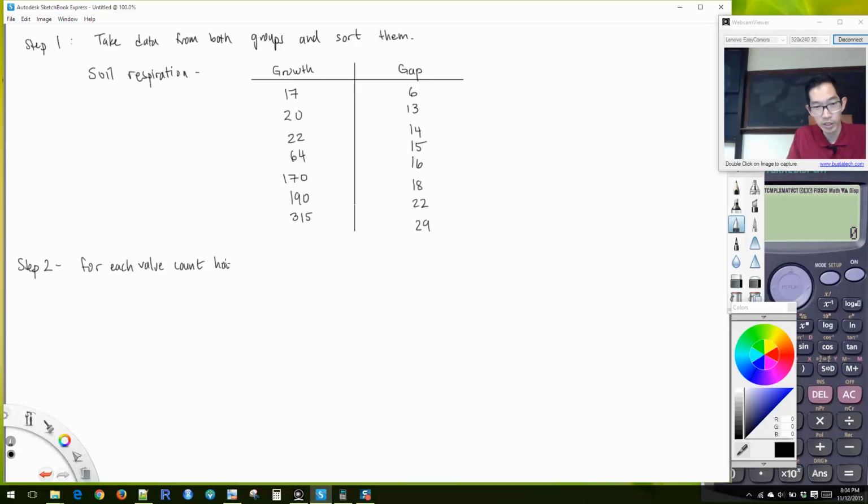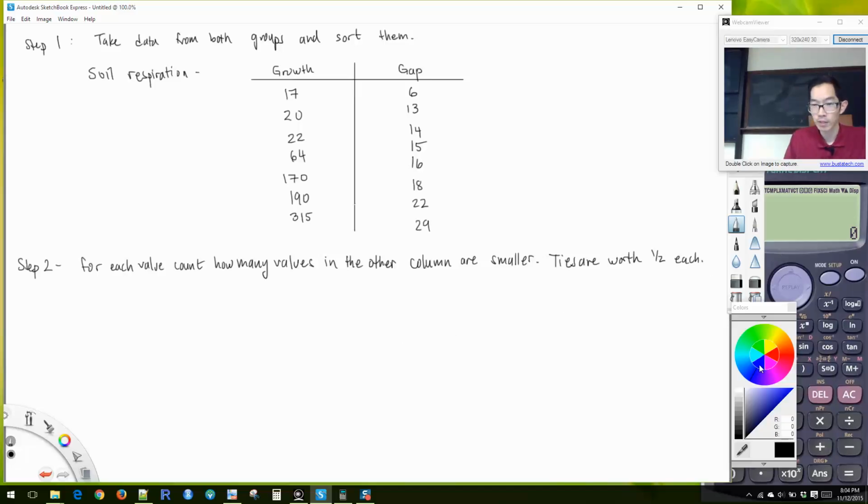All right, and then the next step is, for each value, count how many values in the other column are smaller. Okay, and then ties are worth 1/2 each.